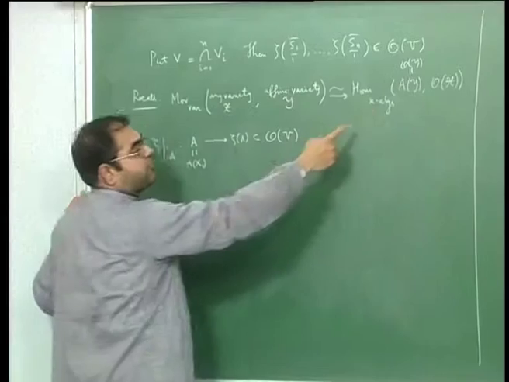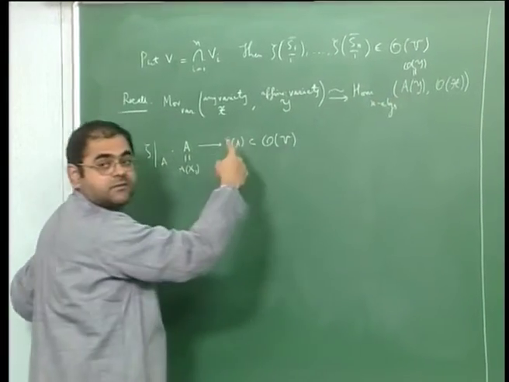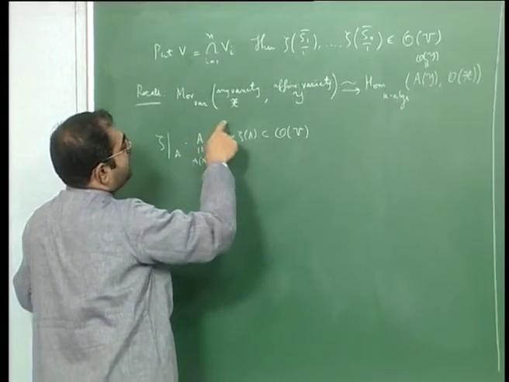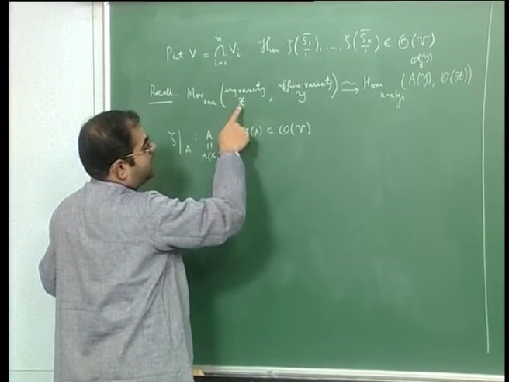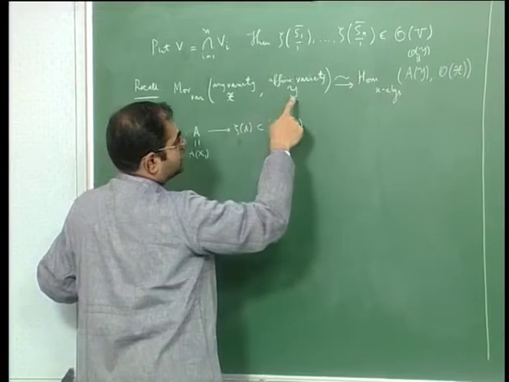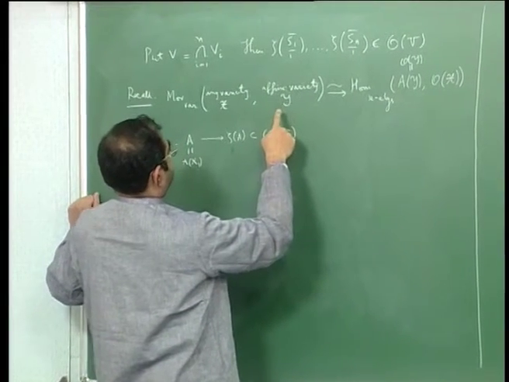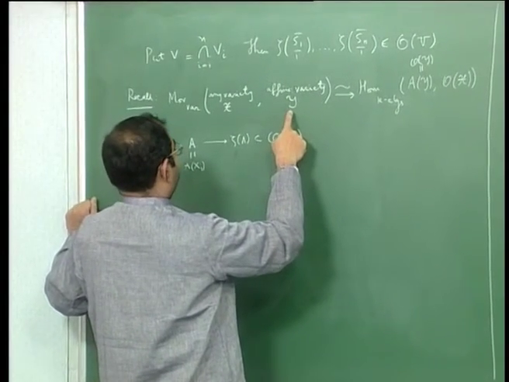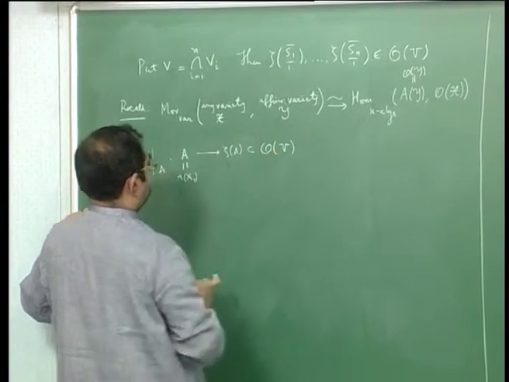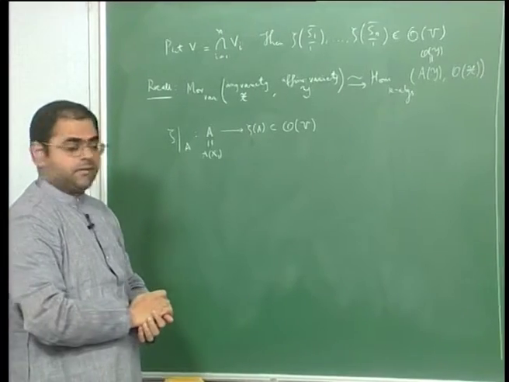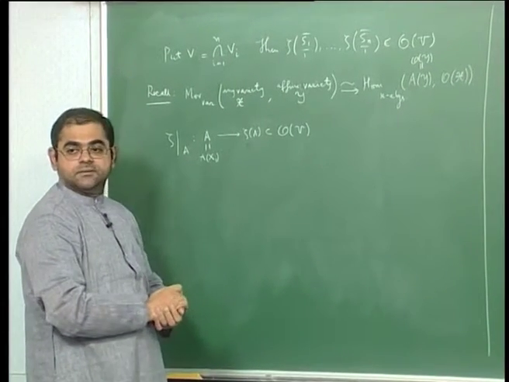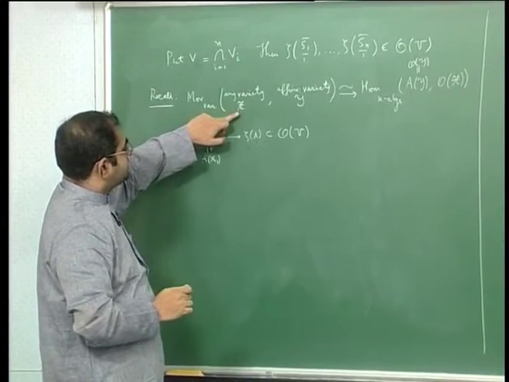If you apply this bijection, this will correspond to a morphism of varieties from V to x1.